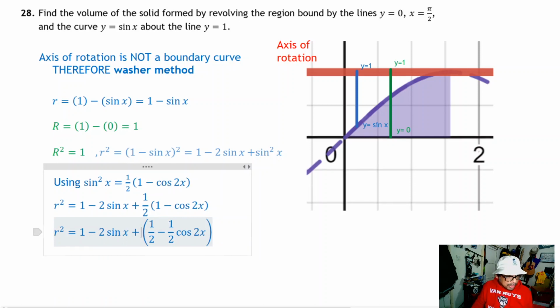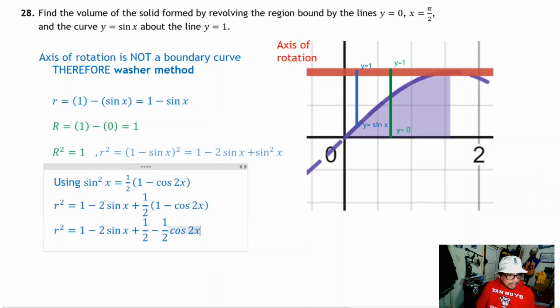Of course, now we don't need to have this in parentheses, so we'll take this out of the parentheses. And there is one more thing we can do. We can take this 1/2 and combine it with this 1 over here, and that gives me a 3/2. Right, so here's my radius squared. Okay, that is all the simplification we're going to need to do.